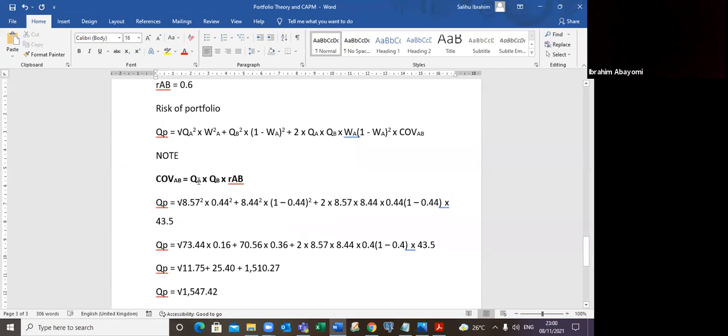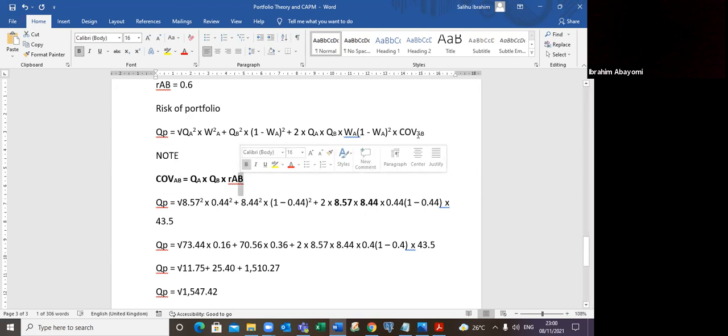You know, I said yesterday that your covariance can be calculated as standard deviation of A times standard deviation of B times correlation of A and B. So because I've already used standard deviation of A and standard deviation of B here, I'm not supposed to use covariance again. I'm supposed to use correlation.